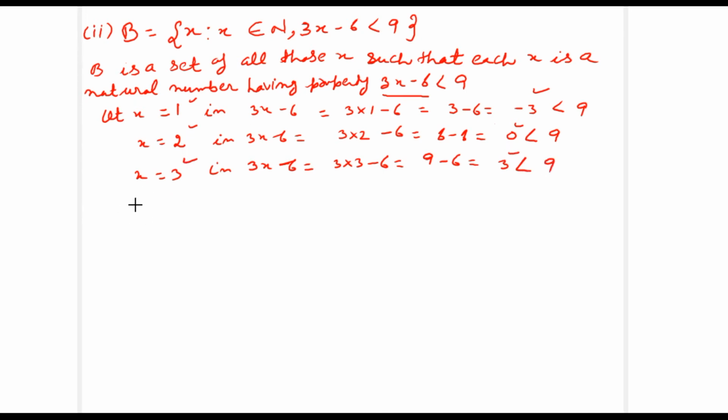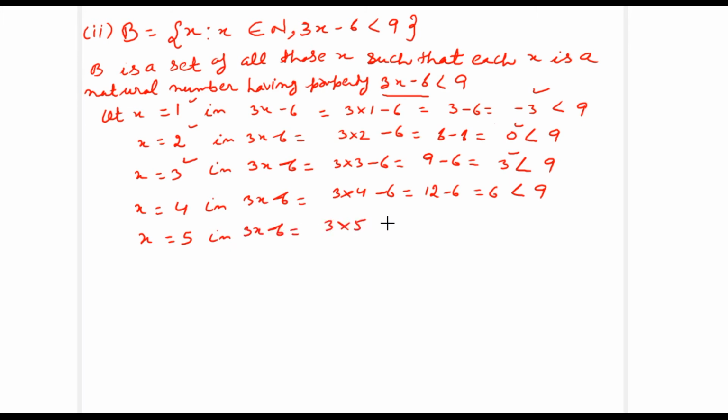x equal to 4 in 3x minus 6. That means 3 multiplied by 4 minus 6, that means 12 minus 6 equals 6, which is less than 9. x equal to 5 in 3x minus 6: 3 multiplied by 5 minus 6, that means 15 minus 6 equals 9, which is equal to 9.